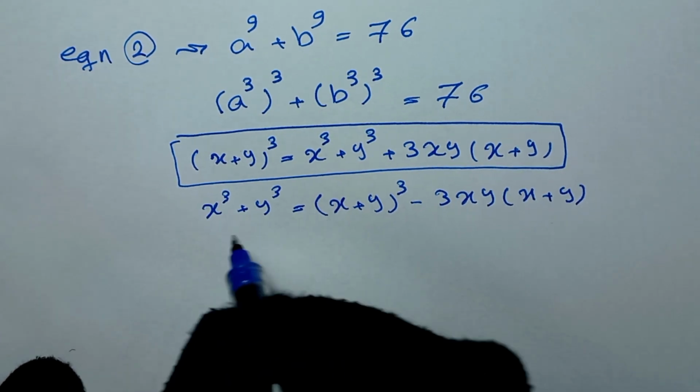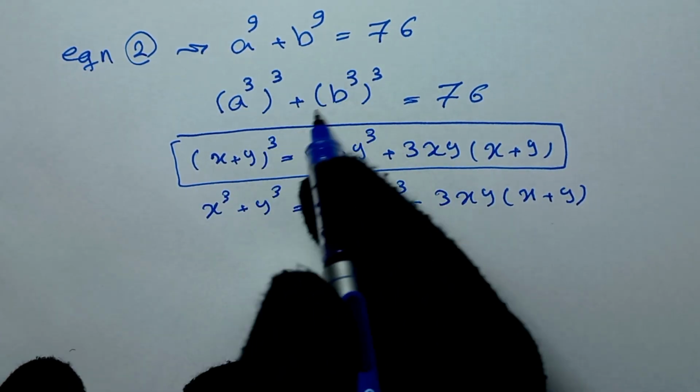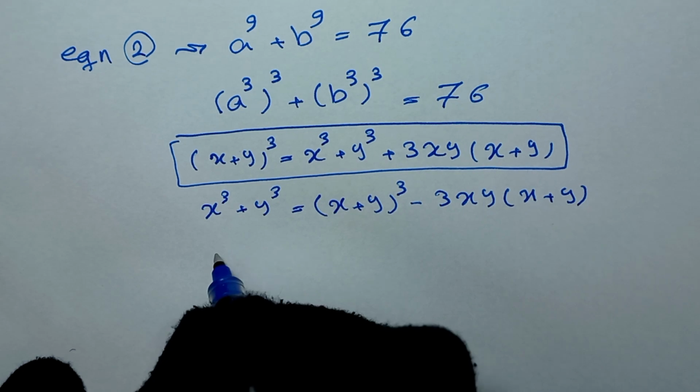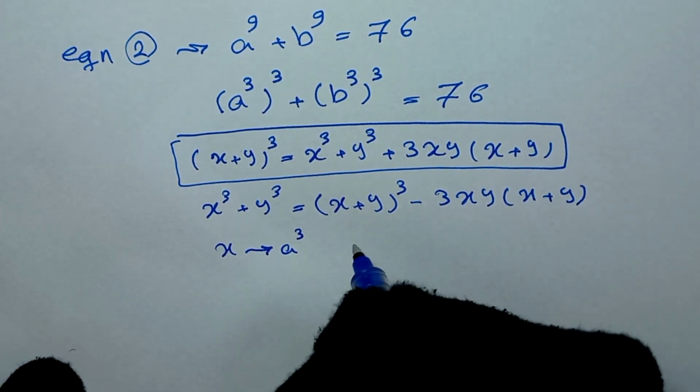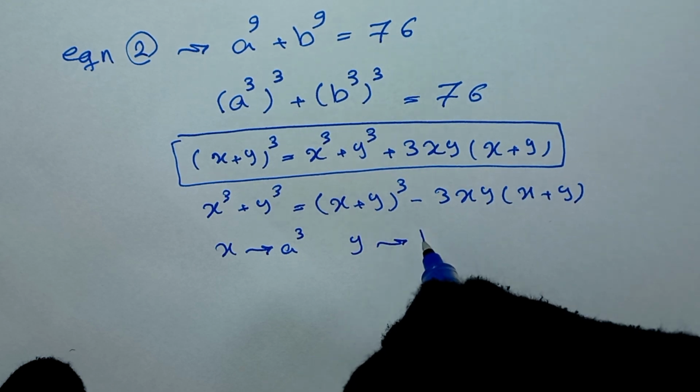And from here, we can write this in this form, where x is a cube and y is b cube, right?